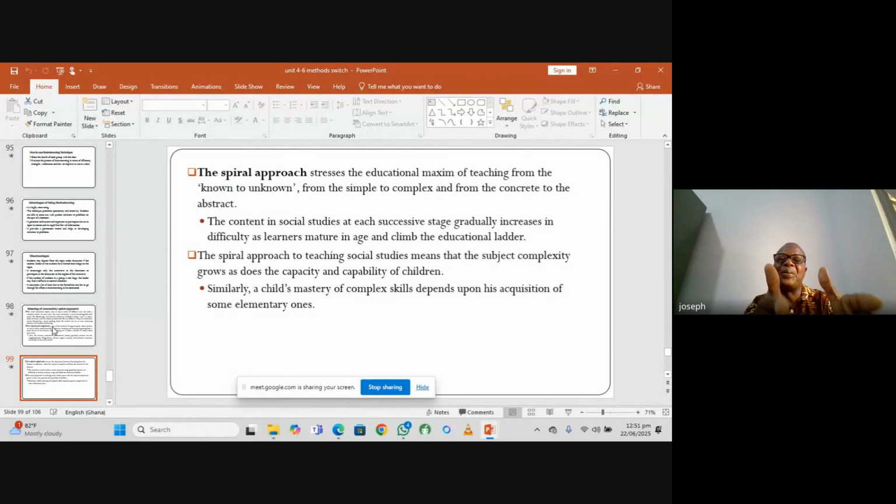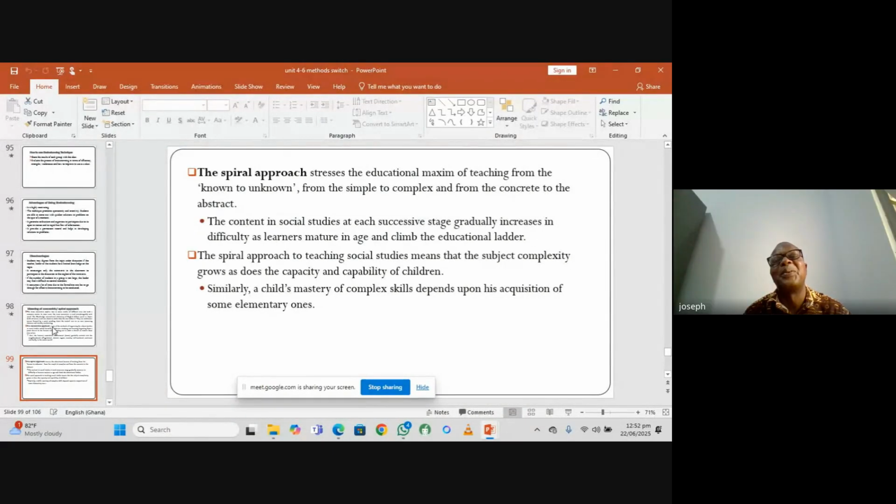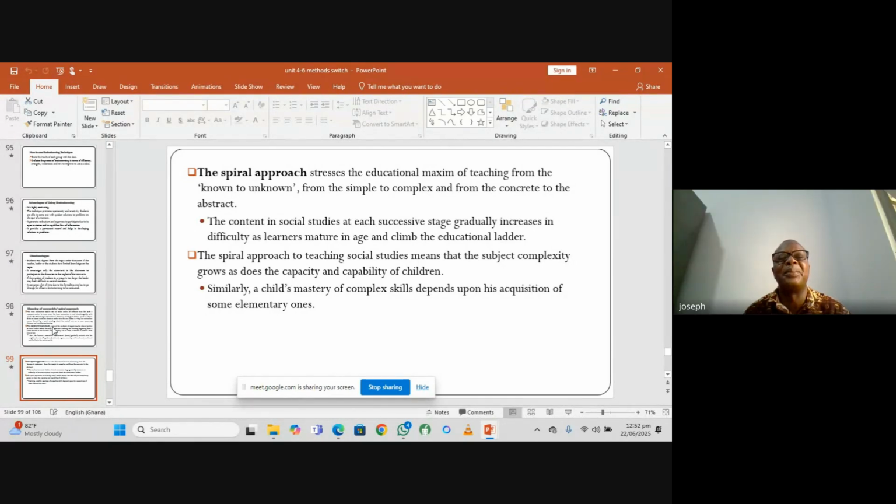So if you don't know, you choose maybe simple to complex. But when I was solving that question and I saw this, I went for spiral because I could see known to unknown under the spiral on the slides, not under the concentric. So we always use known to unknown, simple to complex, concrete to abstract.